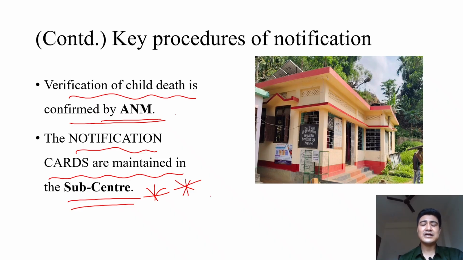The notification cards for the child death review are maintained in the sub center, whereas in case of maternal death review, all the notification cards were maintained in the block medical office. So, since the child death review notification cards are maintained in the subcenter, the ANM must be informed by the ASHAs in addition to the block medical officer.